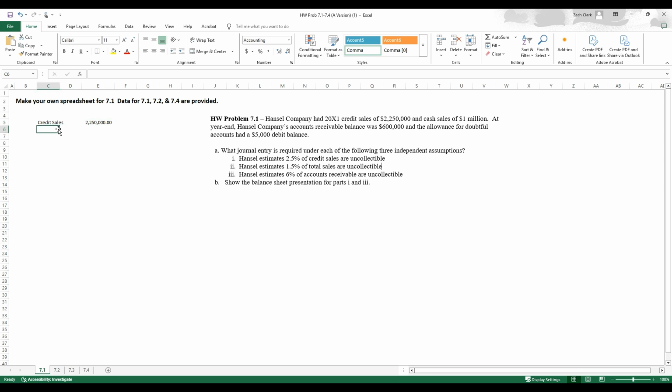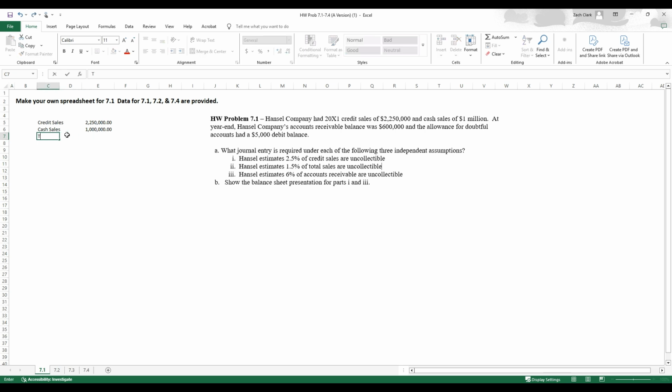So let's just start putting stuff in here. So credit sales was 2.25 million. Cash sales was 1 million. We're missing a 0. There we go.